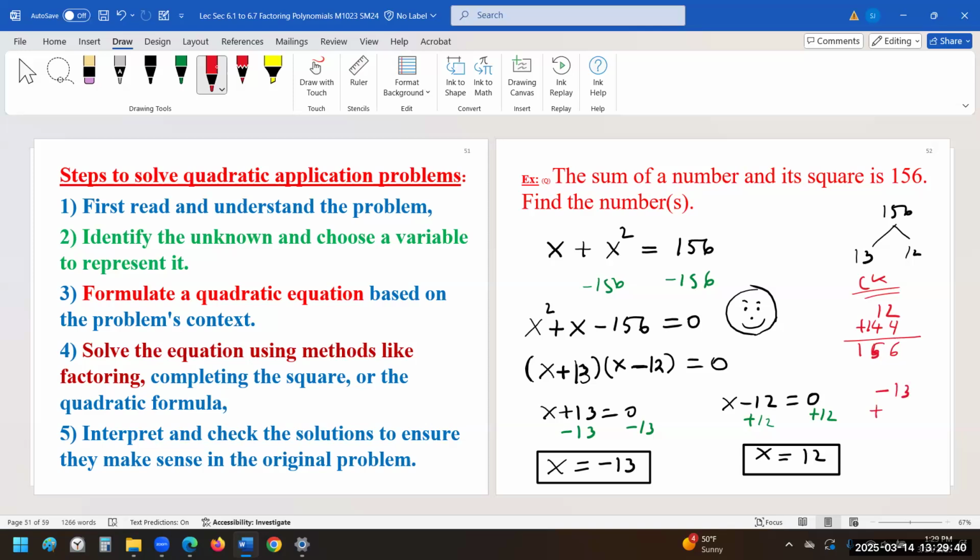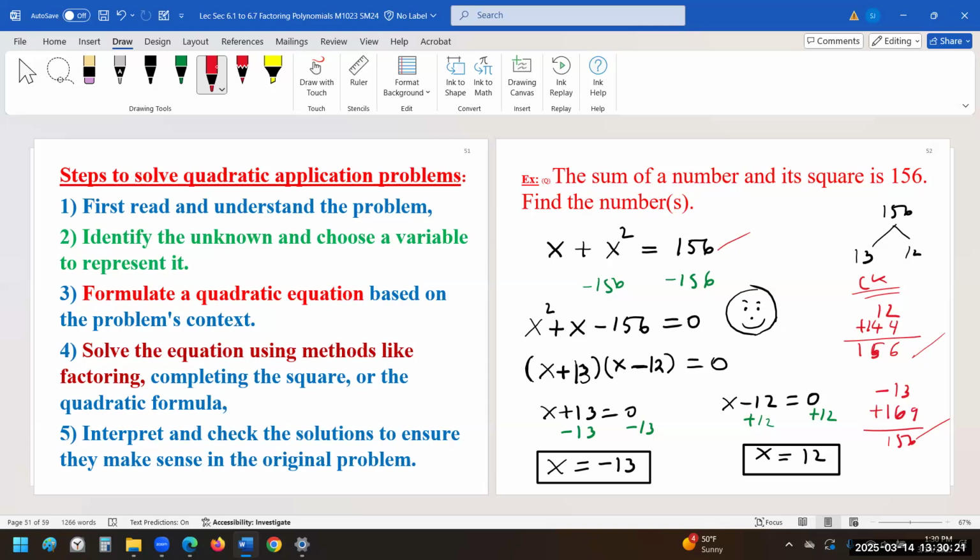What is negative 13 square? Any idea? 169. When you add them, what do you get? 156. See? Both of them gave us 156. So both answers are correct. We added one number with the square, 156. One number with the square, 156. So that's how you check.